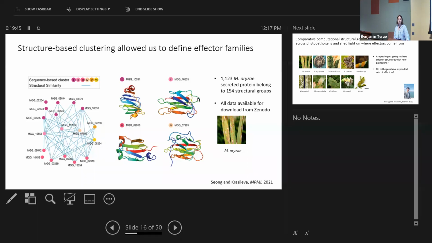So the approach worked, and out of 1,000 secreted proteins, we actually got about 150 structural groups, and about 75% of these 1,000 proteins had models with estimated precision above 0.5. So not full success, right? Not every structure can be predicted, but it was good enough to continue.